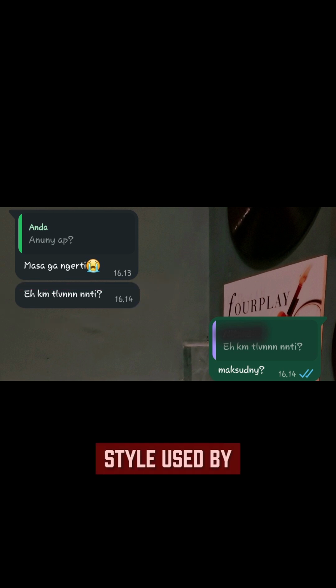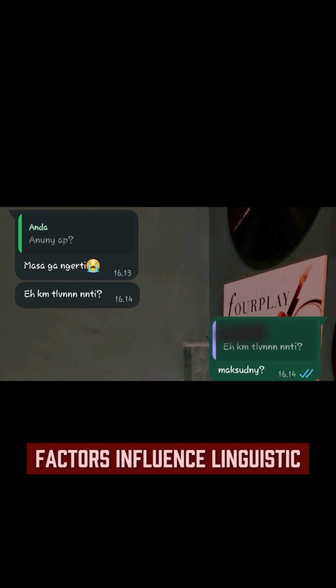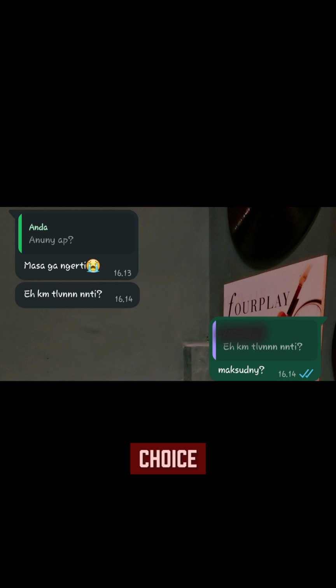This is the style used by intimate groups or peers. Thus, abbreviations and slang create a group identity and encourage typing efficiency, showing how social factors influence linguistic choice.